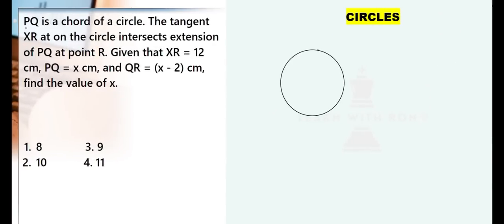See this question here. PQ is a chord of a circle. So let this be the PQ, chord of the circle, and also given the tangent XR.